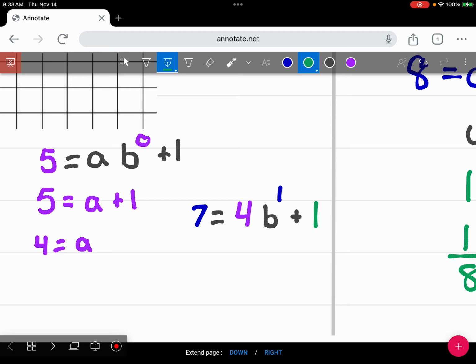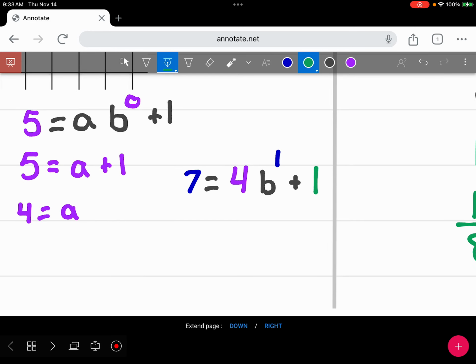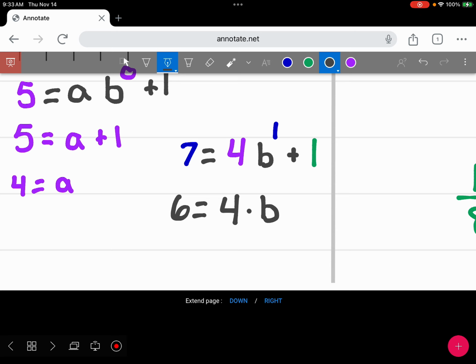So we're just taking the points we have and substituting them in to find the thing we need. So what can I do to figure out what b is? Subtract 1. So I've got 6 equals 4 times b to the first, which is the same thing as just b. So what does b equal? 3 over 2. Yeah, divide both sides by 4. We're going to get 3 over 2 is our base.